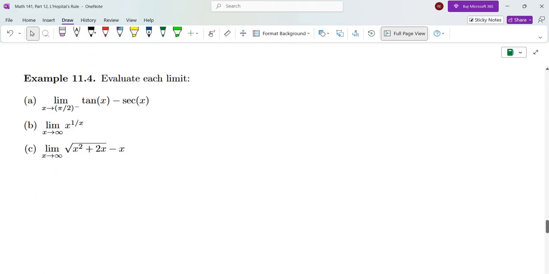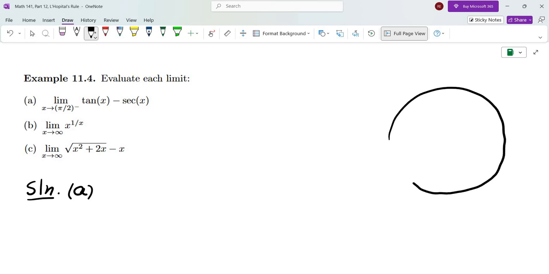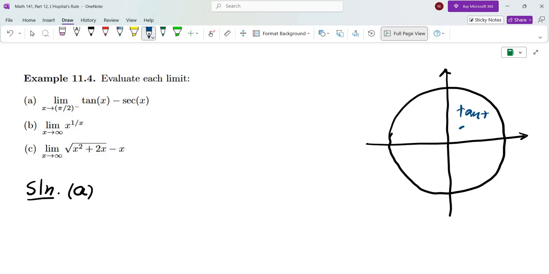Okay, so let's do a few more examples. The first example is when you let x go to pi over 2. So you can try the unit circle, or you can try the graphs of these functions, whichever you're more comfortable with. We are in the first quadrant, so tangent is positive, secant is also positive.